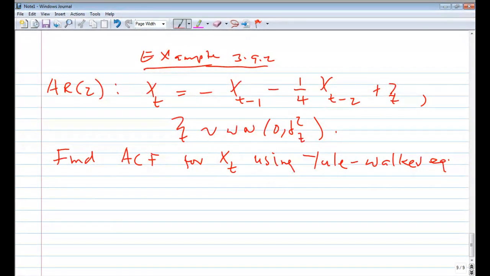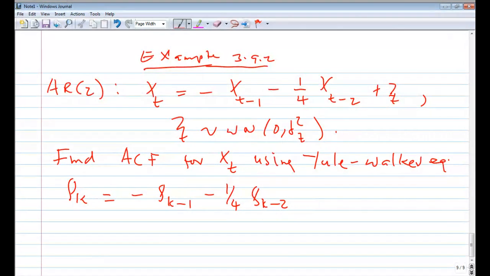Okay, now let's quickly go to that one before the time is up. So xt now is going to be rho k, isn't it? Which is equal to minus rho k minus 1 minus 1 over 4 rho k minus 2, isn't it? That's step number 2.